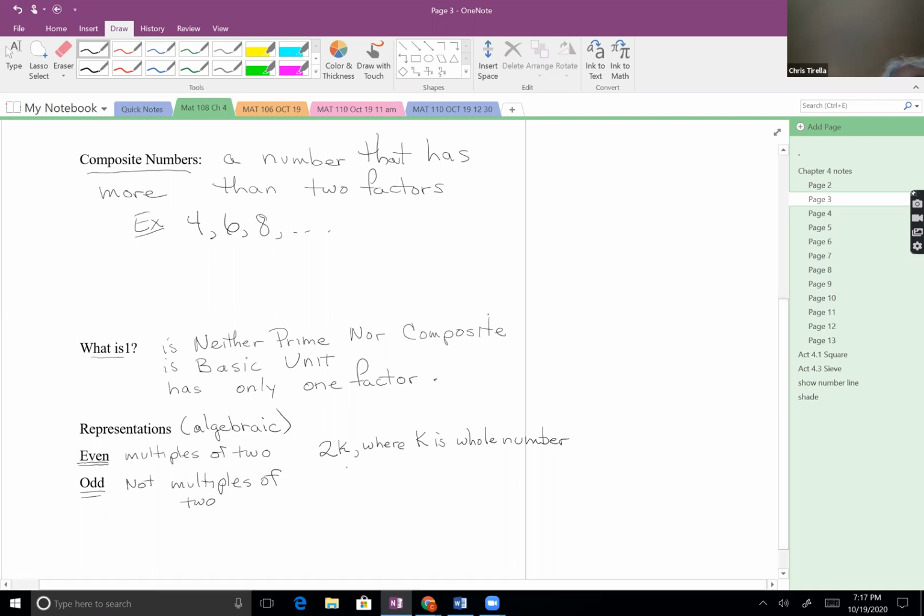See, my evens are 2, 4, 6, 8. My odds would be 3, 5, 7, 9. What's the relationship between an even number and an odd number? Any ideas?